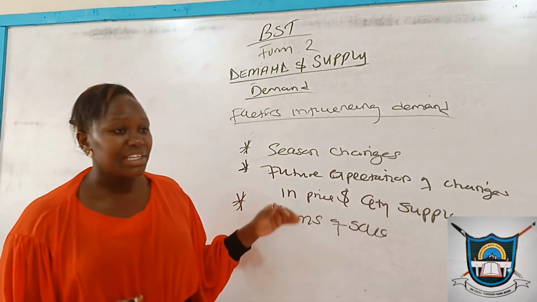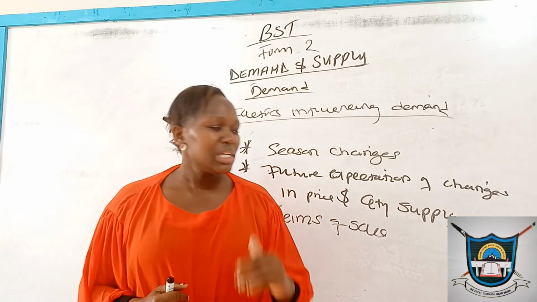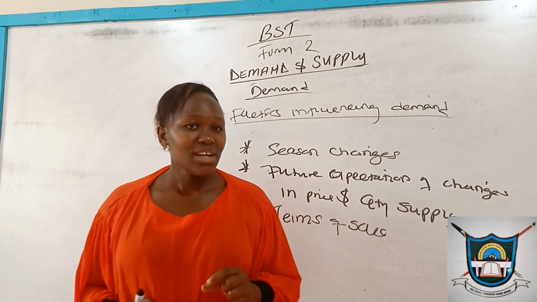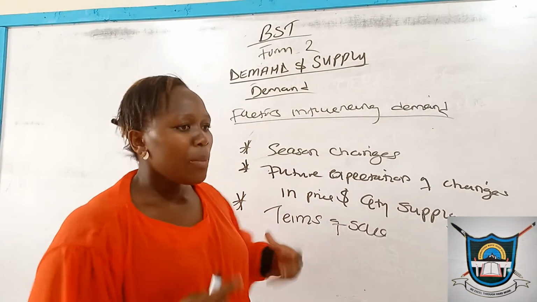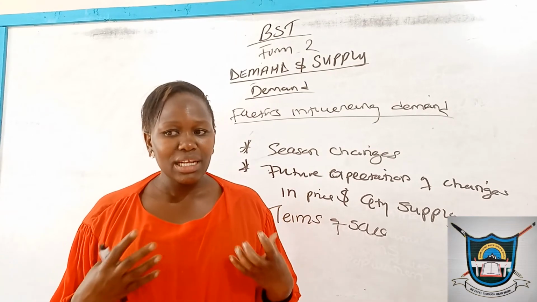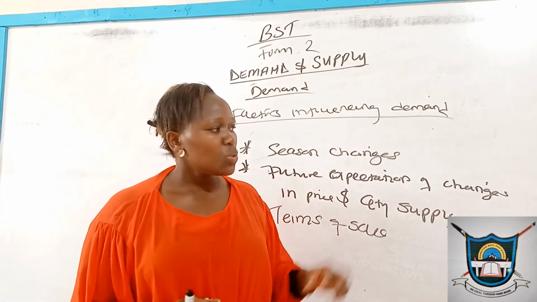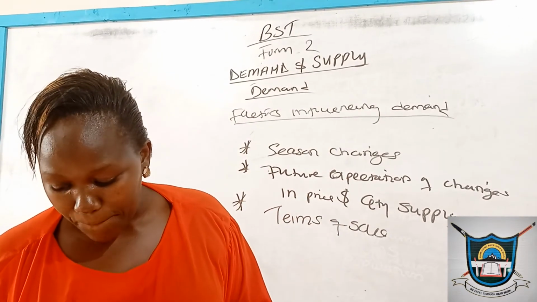Now, that can encourage people to buy more and it will lead to an increase in the demand of that commodity. Again, where the sale is on credit basis, more people will be attracted by that term of sale and they will buy more of that particular product, which will be translated to an increase in demand.